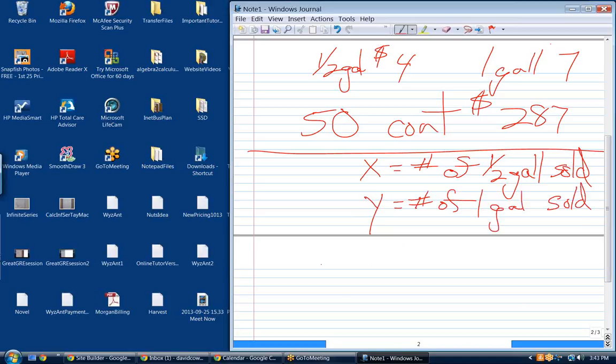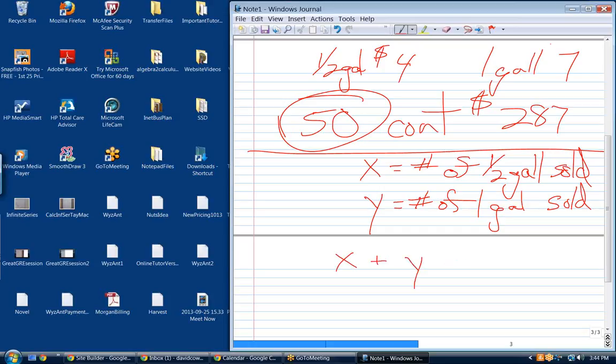So what's one equation I can write? Based on that, what's the easiest equation to write? Based on just the fact that 50 containers were sold, that's the easiest one to write. x plus y equals 50.